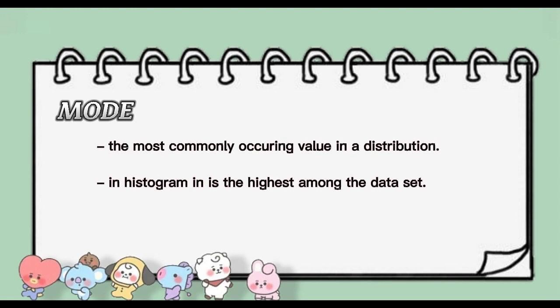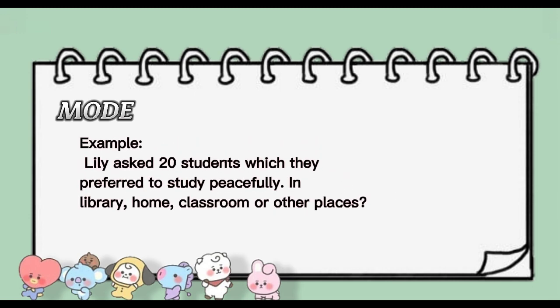In a histogram, the mode is the highest bar in the bar chart. You can consider it as the most popular option. For example, Lily asked 20 students where they preferred to study peacefully, with the choices library, home, classroom, and other places.